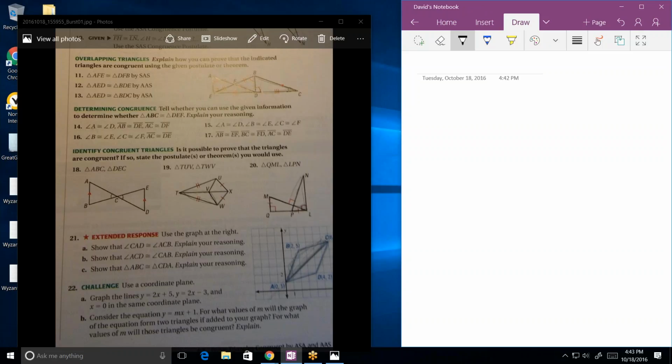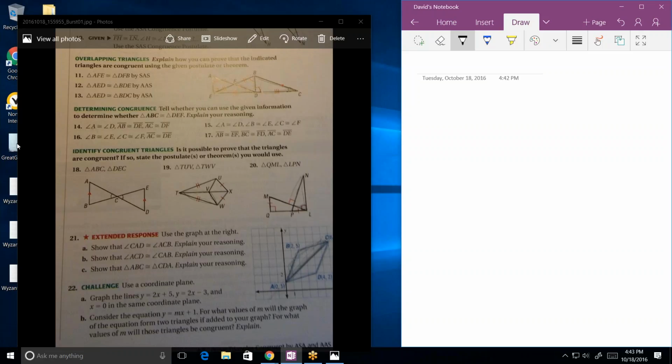Notice how I proved non-congruence. How did I do it? I just came up with another triangle that met all three of these conditions, but they were clearly not congruent. I think you just proved my teacher wrong. Well, I might have.